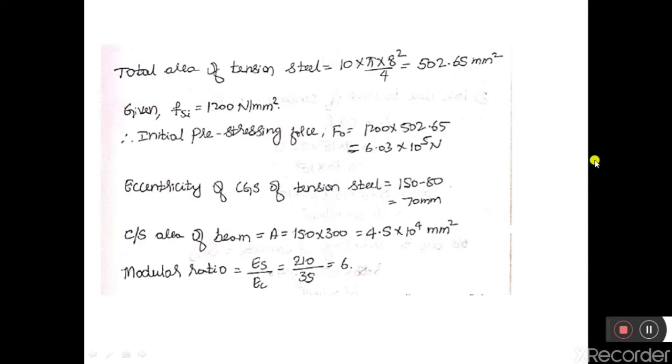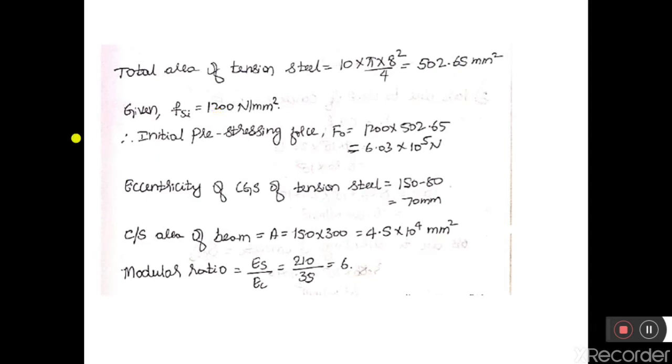So first let us calculate the total area of the cables. So total area of tension steel. There are 10 wires and the diameter of each wire is 8 mm. So 10 into the area of each wire gives us 502.65 mm square, and it is given that the initial pre-stress FSI is equal to 1200 Newton per mm square.